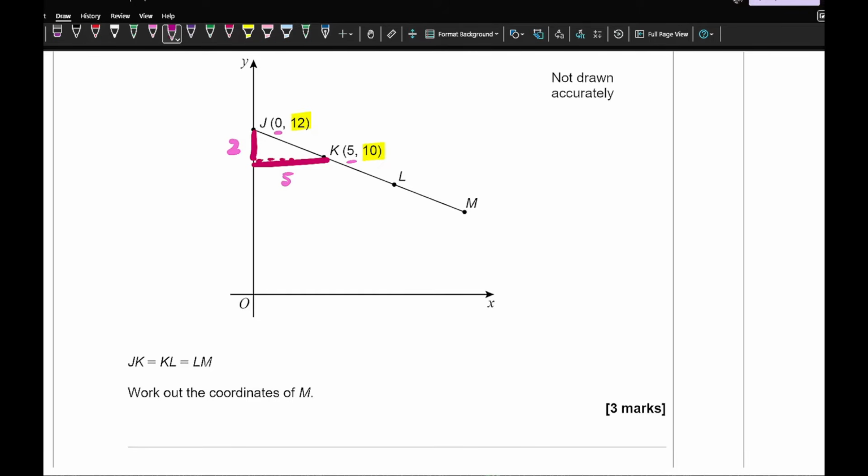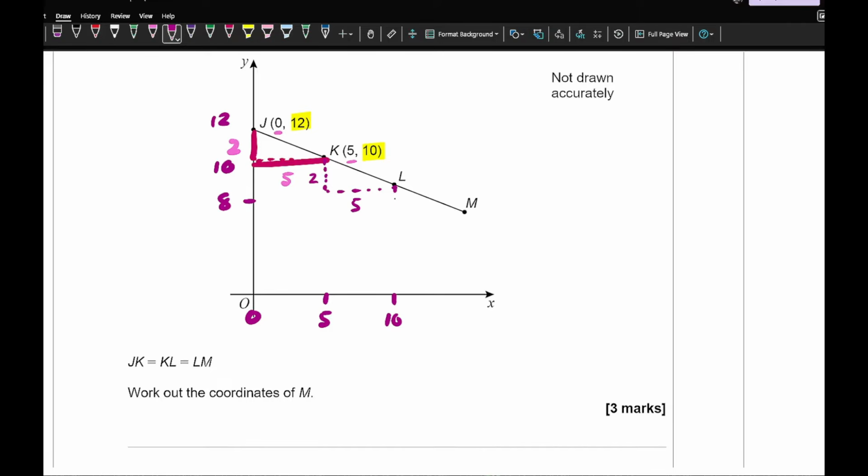So then if I repeat that triangle, this point here is 12, sorry, that's going to be 10. And this point here is 0, that point is 5, and to work out this point here I'm going to go 2 down, so that's going to be 8, and 5 across, so that's going to be 10.